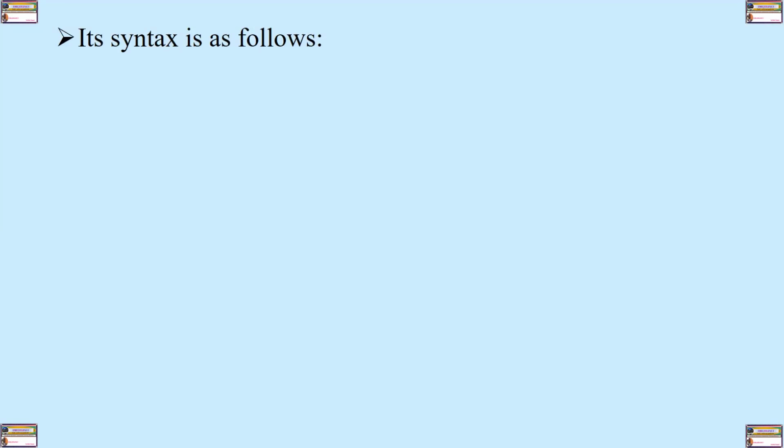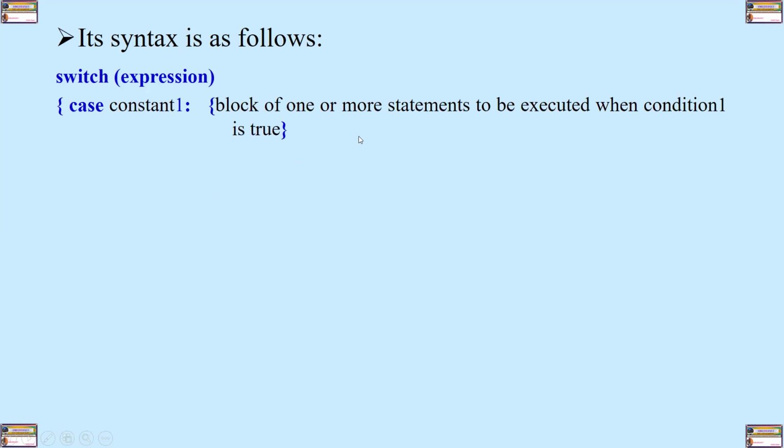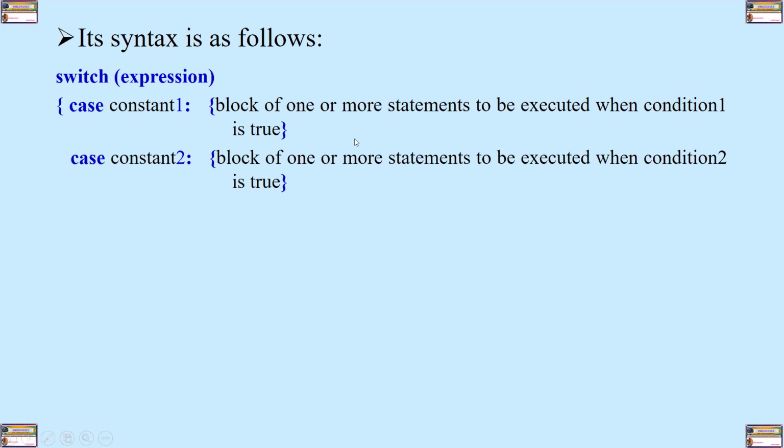Its syntax is as follows. Switch expression. Once the expression has been evaluated, the result of the expression will determine which case will be executed. If the expression evaluates to a value which is constant 1, then the first case statement will be executed.